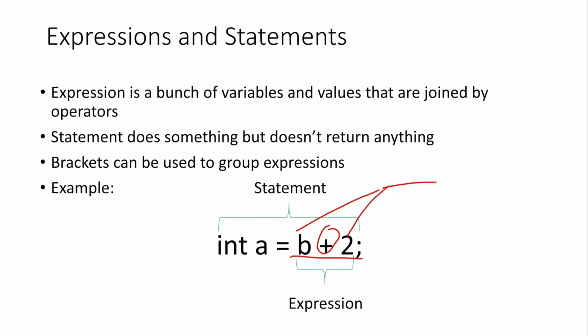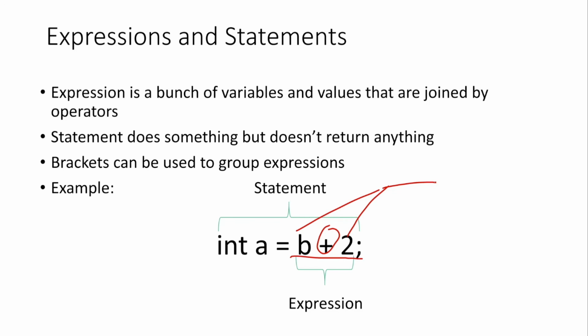You can also have 3 or 4 or many more values and variables. Now, a statement doesn't return anything. It just does something. But an expression returns something, right? So b plus 2 returns whatever b plus 2 is, right?